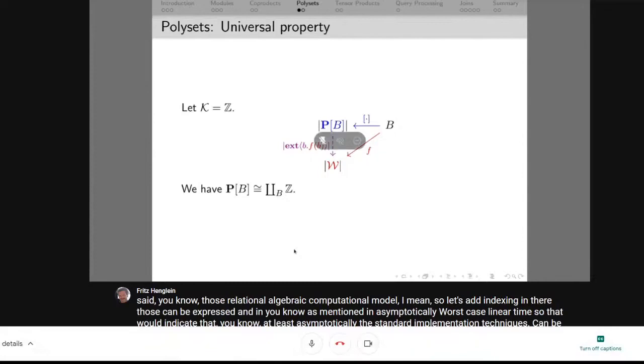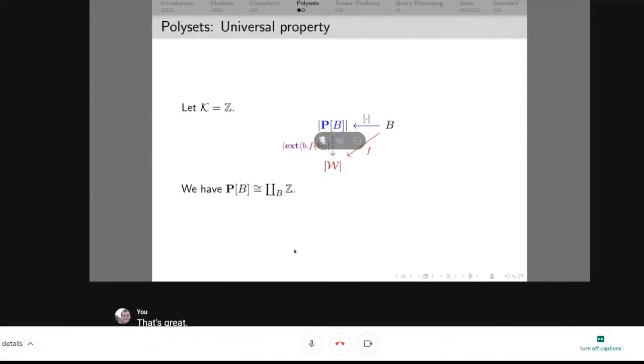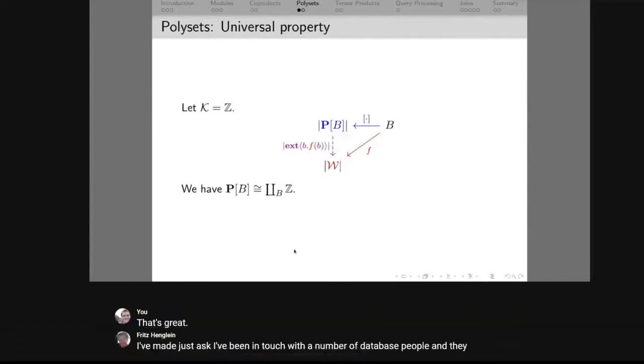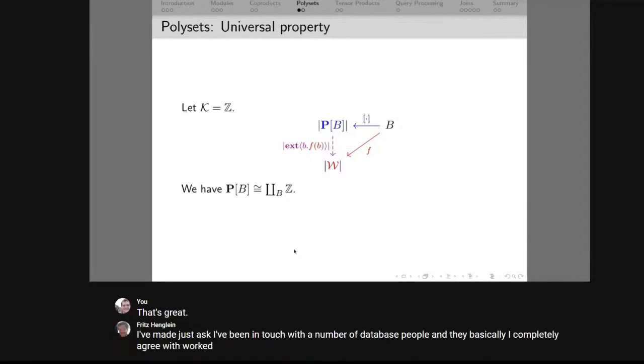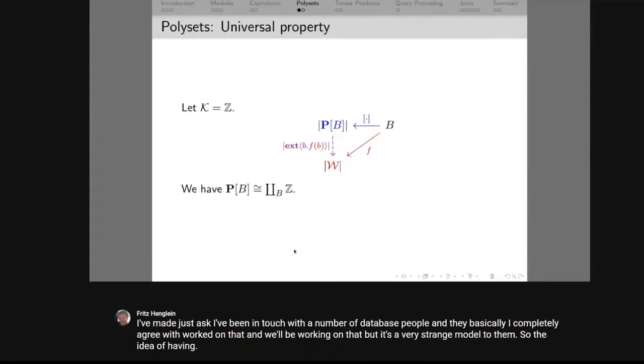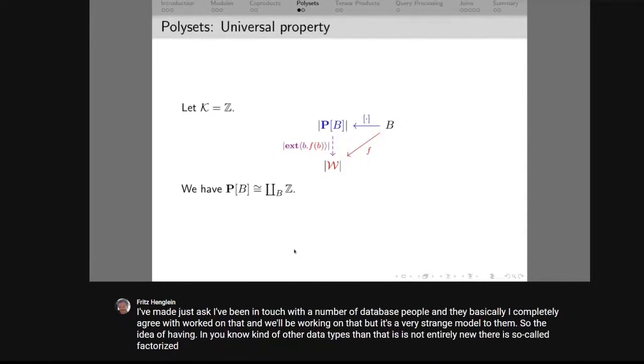Great, thanks. I've been in touch with a number of database people, and I completely agree, we've worked on that and will be working on that, but it's a very strange model to them. The idea of having other data types than that is not entirely new. There are so-called factorized databases, which basically have symbolic Cartesian products.